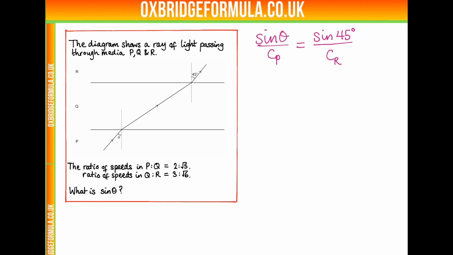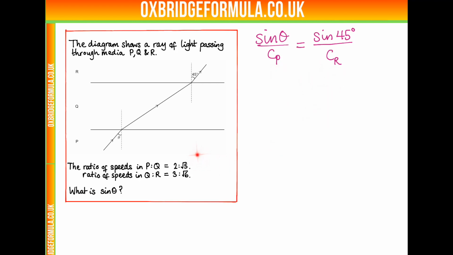We can easily deduce sine theta if we are able to get a relationship between CP and CR when we rearrange this. So how can we get CP in relation to CR? We don't need to know them individually, just the ratio.